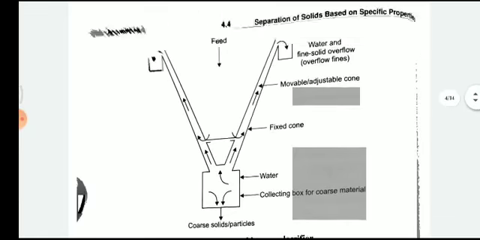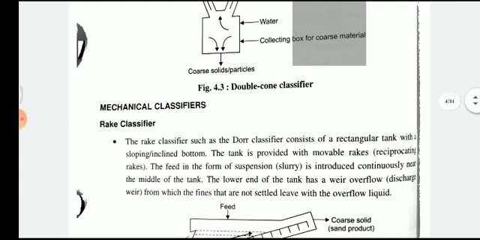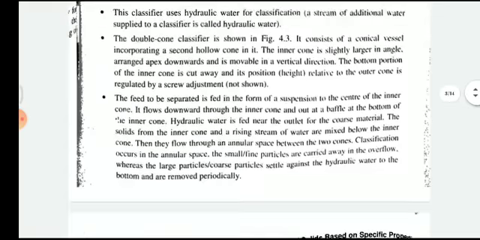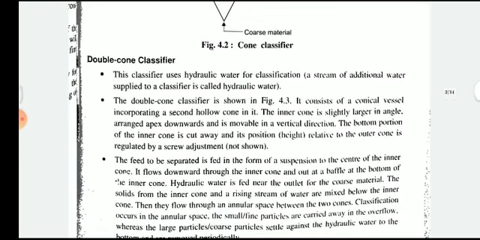Next are the mechanical classifiers, but before that, let's see the construction as well as the working phenomena.